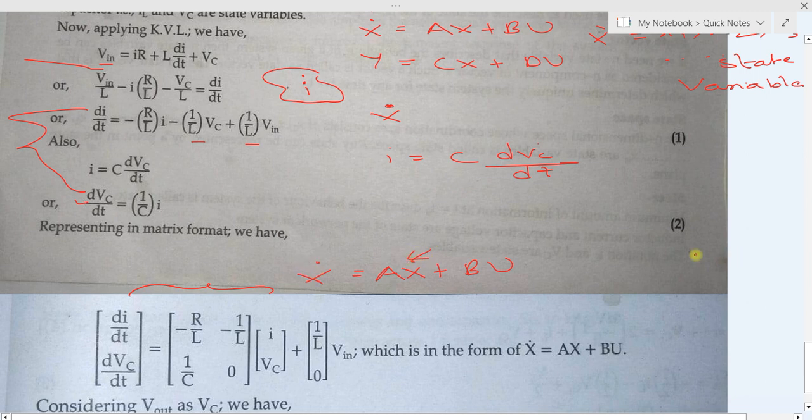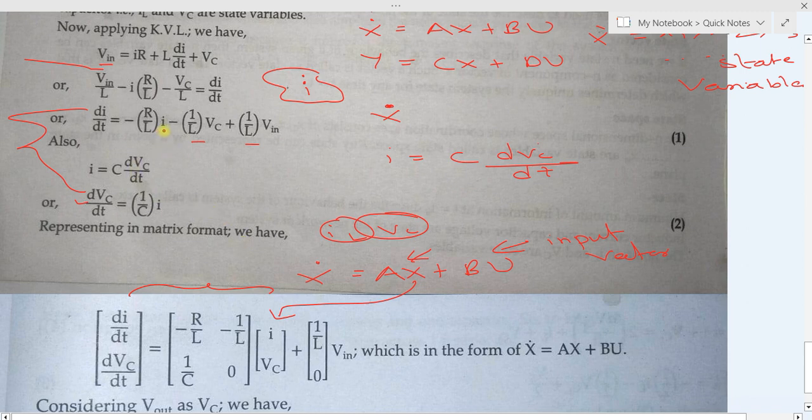Here u represents the input vector and x represents the state variables. The state variables here are IL and VC, so x means IL and VC, or we can write IL as I. What are the coefficients of I and VC?